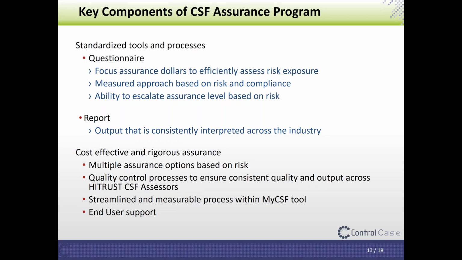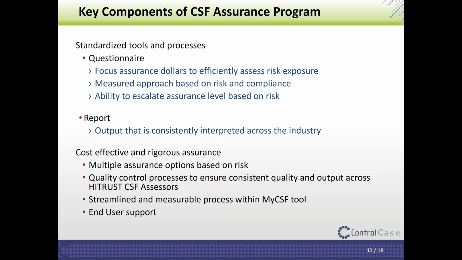There are multiple assurance options that are available when companies want to go through HITRUST. There is a self-assessment option, but then there's also an option by which companies can use a third-party assessor that is certified to certify against the HITRUST regulations.